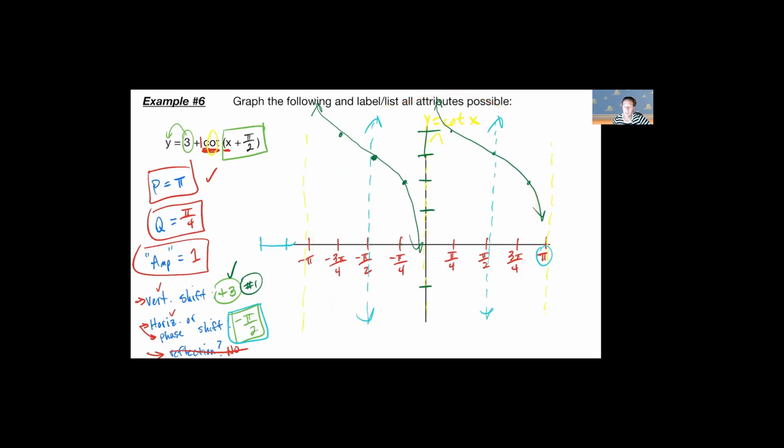If you said tangent, very, very good. But don't forget, everything also got shifted up 3. So instead of putting our 0 here, and our 1 here, and our -1 there, remember that is for tangent. We were dealing with cotangent. We just had to put that left pi over 2 shift, and now we can do that up 3.